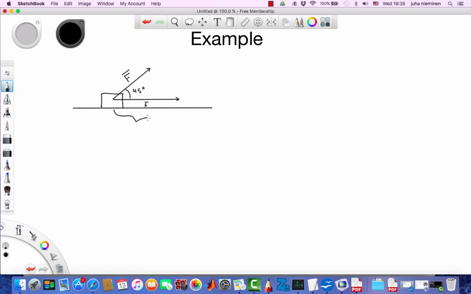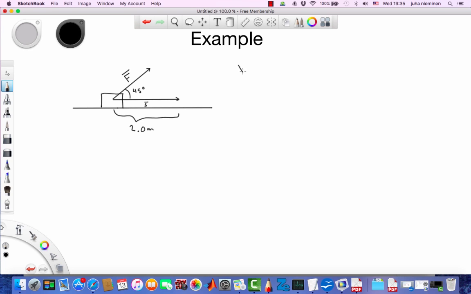We pull it for, let's say, 2 meters along the floor. Now the question is, how much mechanical work is being done on the box?